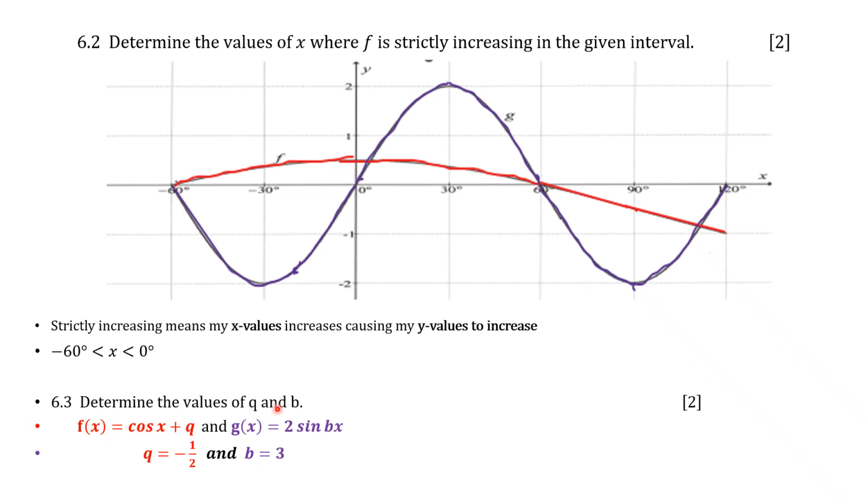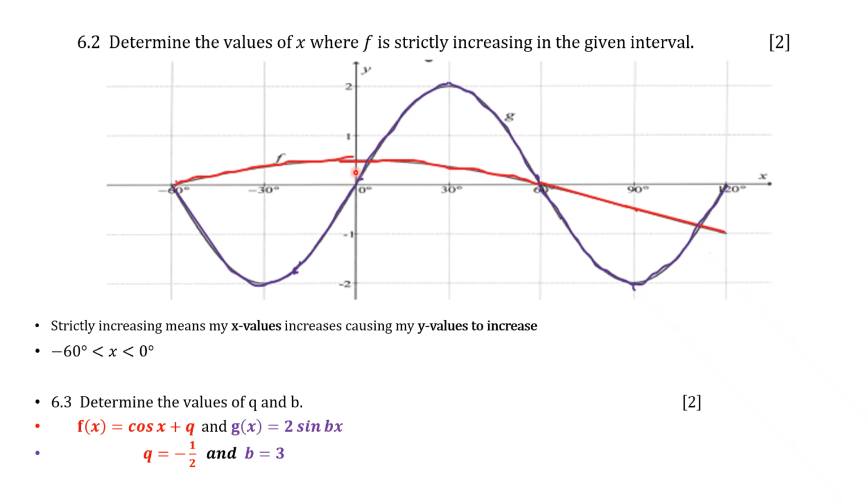6.3: determine the values of q and p. f of x is the graph of cos x. There it goes through the point half. The highest point it reaches is half, and the lowest point it goes to is negative 3 over 2.